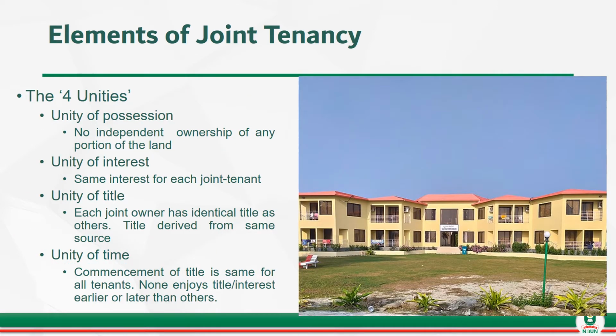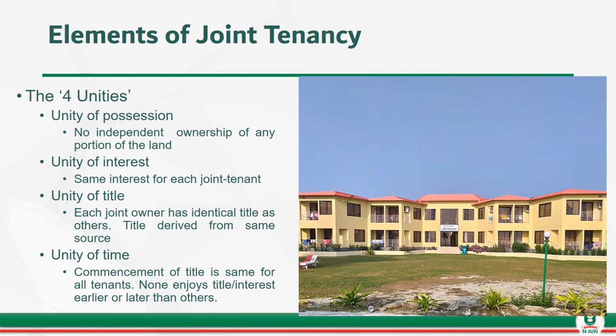Now, what you must bear in mind are what we call the four unities. This is how you identify that a relationship that exists where co-ownership is concerned is joint tenancy. Four unities: there's unity of possession, unity of interest, unity of title, and unity of time. Possession: everybody has a right to possess any portion of the land.